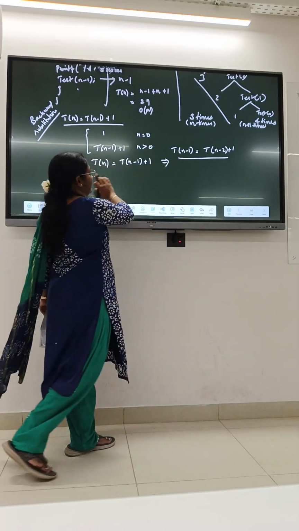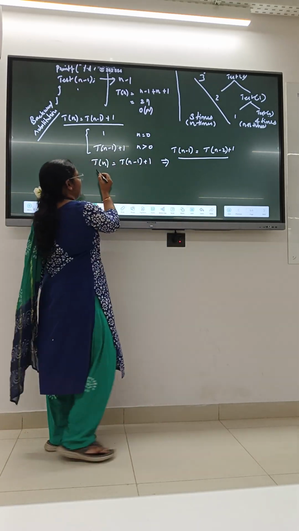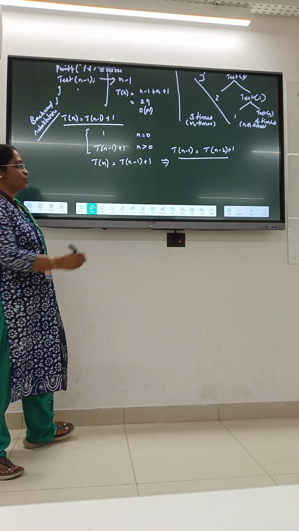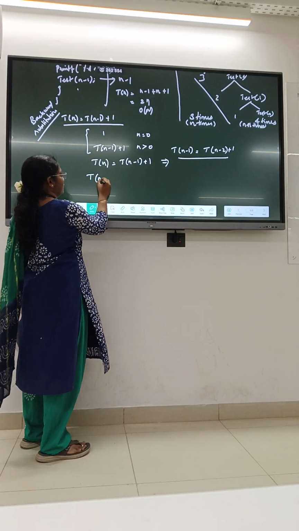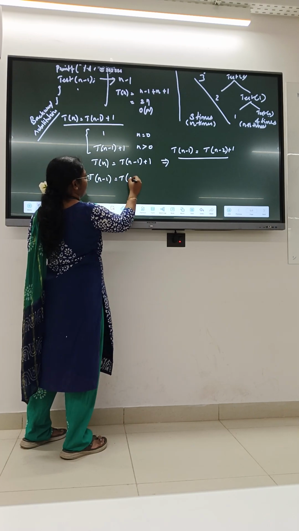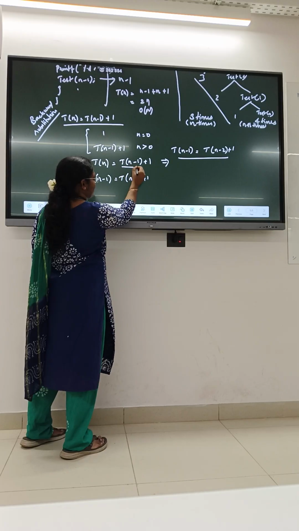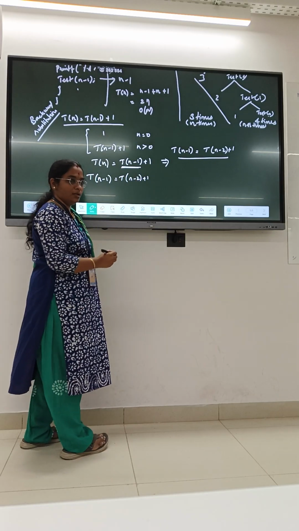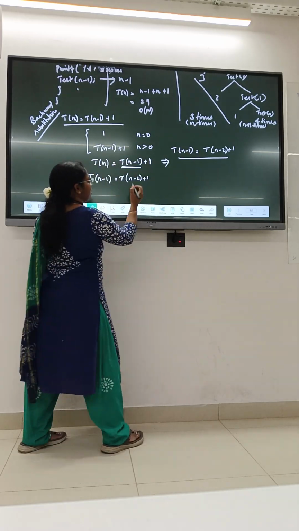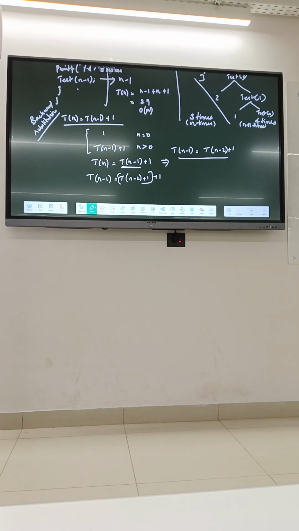Okay, I am substituting here in T of n minus 1. Now T of n minus 1 is equal to what? T of n minus 2 plus 1. Correct? For n minus 1 I am substituting. Instead of n minus 1, I am substituting this. Is that fine? Any doubts so far?